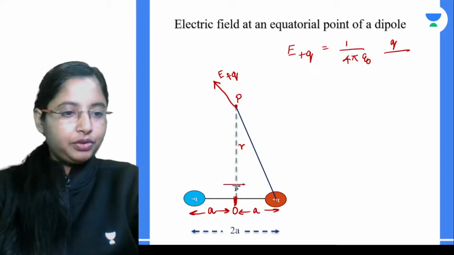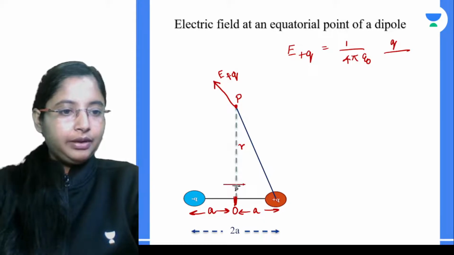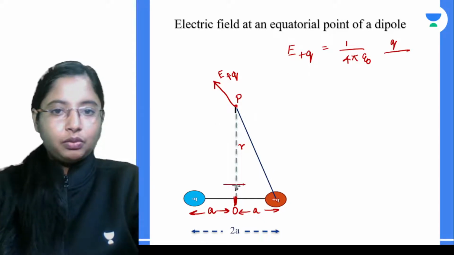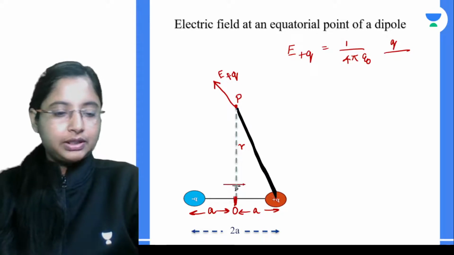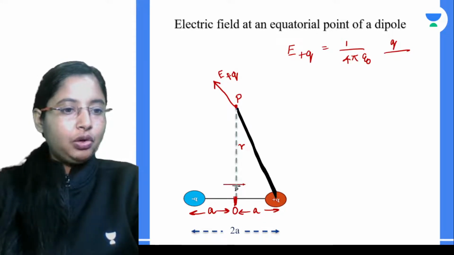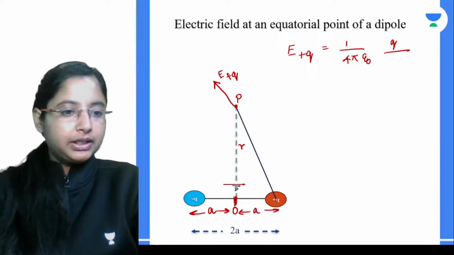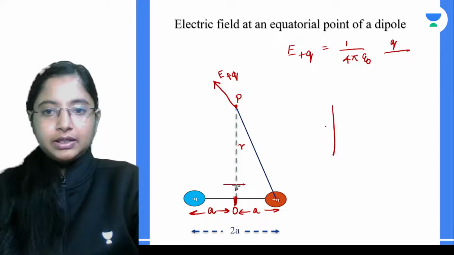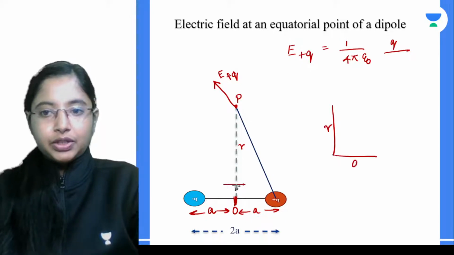Now we have to do a bit of trigonometry in this case. Why? We want to find what this distance over here is. We know this distance and we know this distance over here, right? So let's look at this as a right angle triangle. This distance we know is r, this distance we know is a. We want to find this distance.